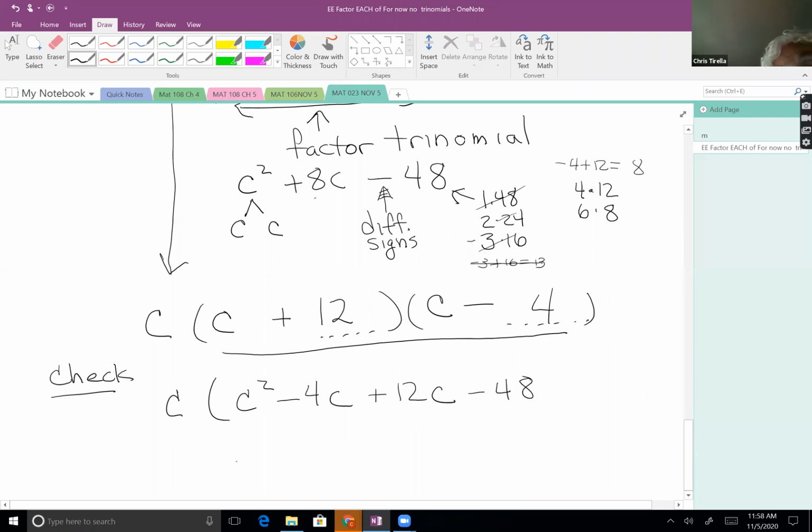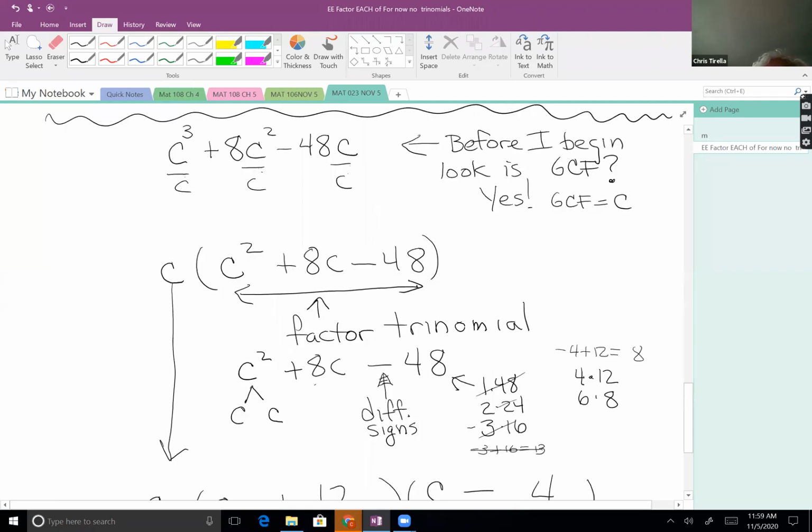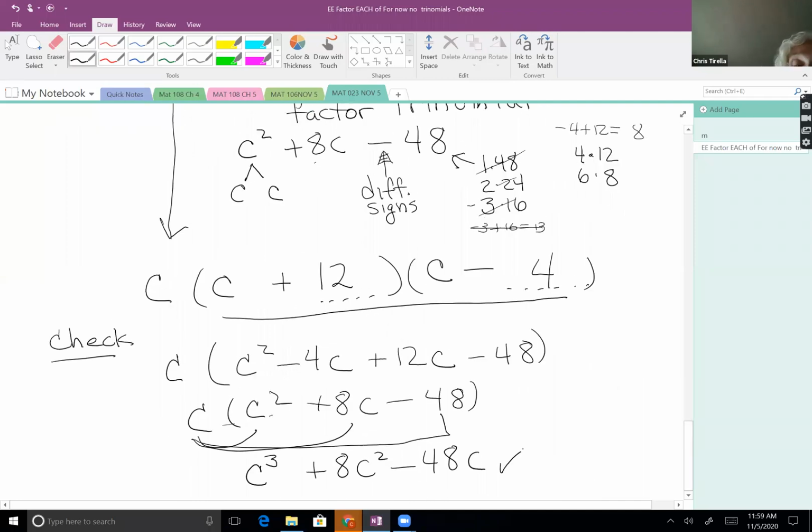So that gives me C times C squared plus 8C minus 48. And then if I distribute, I get C to the third plus 8C squared minus 48C. And if I go back to the top, that was my original question. So I nailed it. But what you have to remember, my answer is all 3 factors.